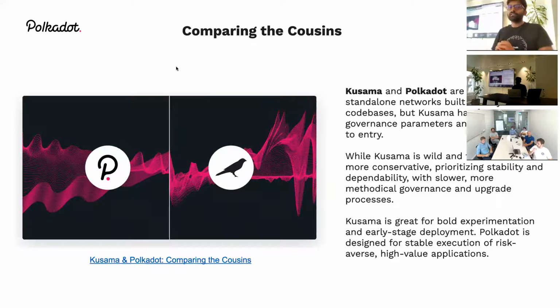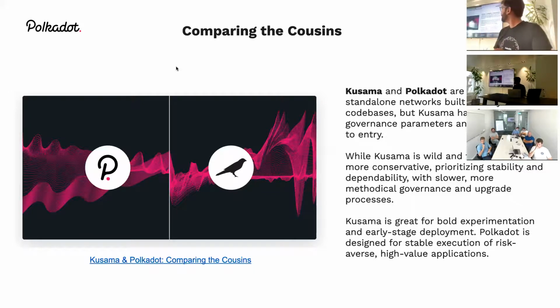Right. So one main thing you have to understand is that we don't control Polkadot or Kusama, right? Both are independent chains. Both of them have their own governance, their own councils, and both of them have different objectives.